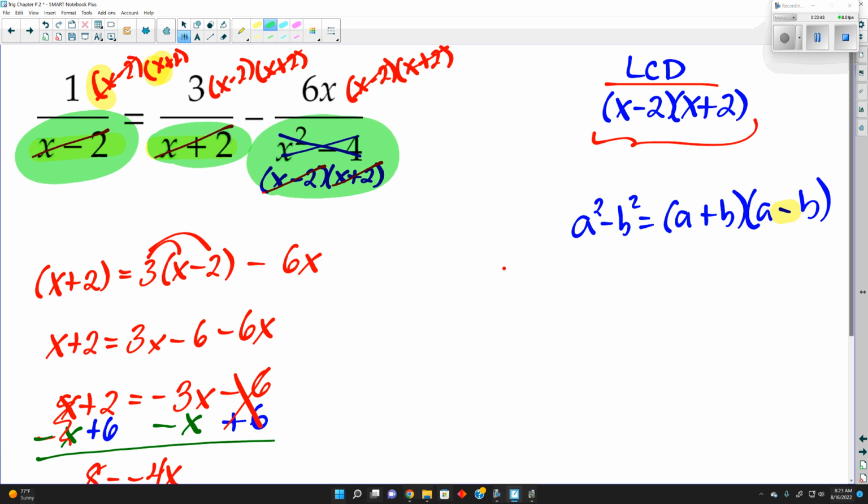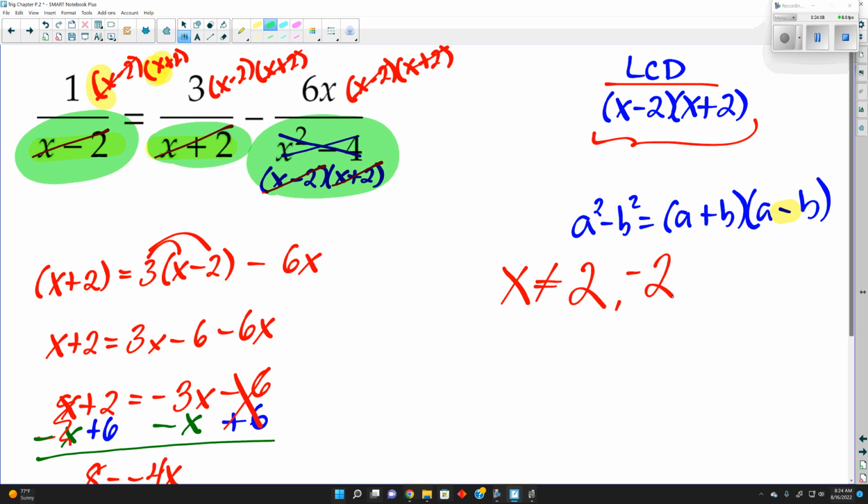So, what would make x minus 2 be 0? What would that be? 2. What would make x plus 2 be 0? Negative 2.